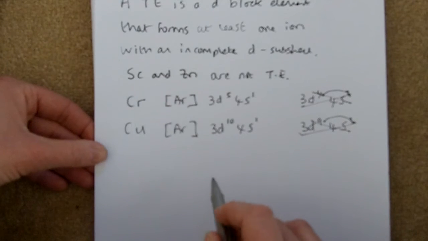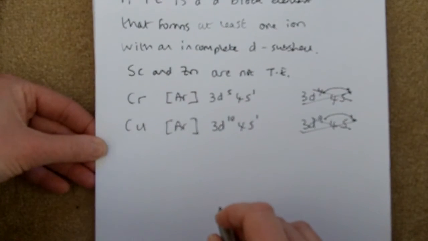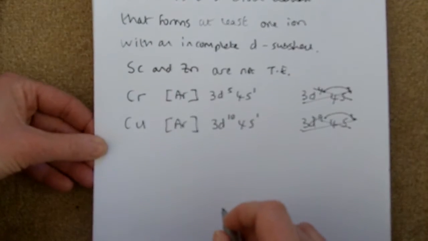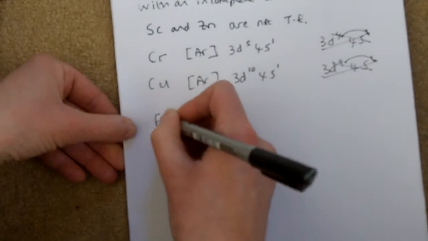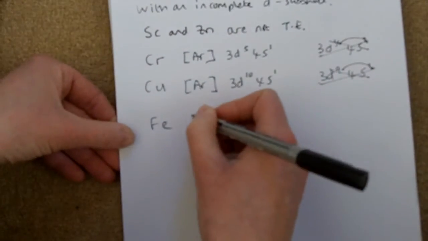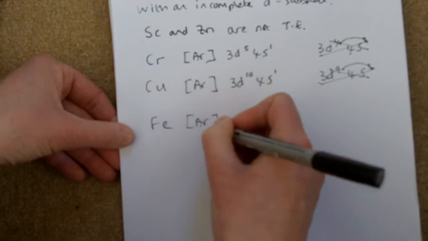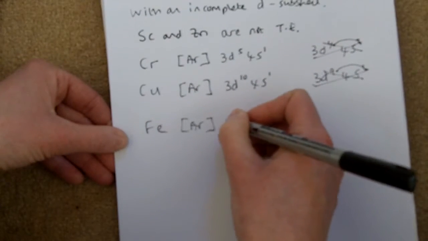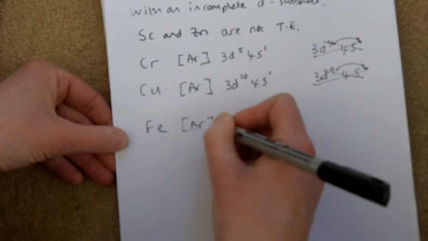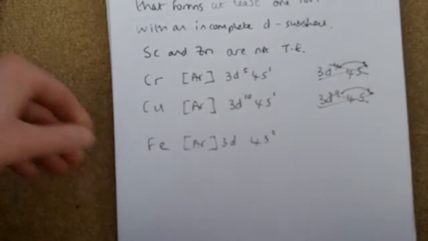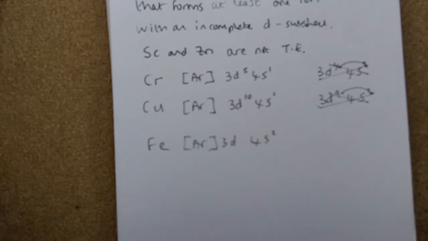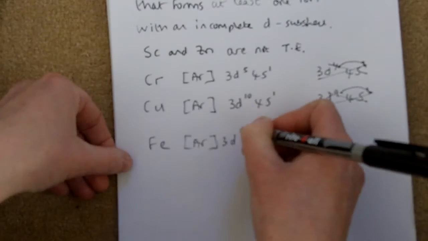Okay, another thing to remember with electron structure: let's take iron, for example. Iron is everything up to argon, then 4s2, 3d6.